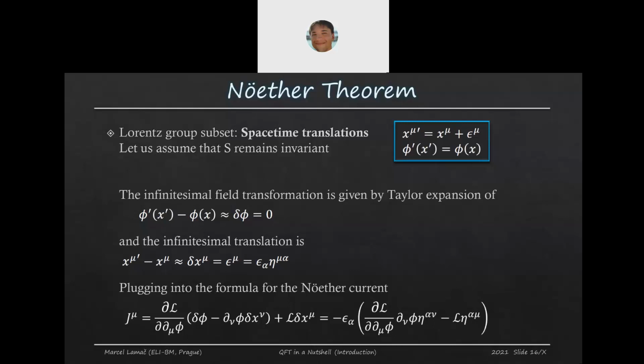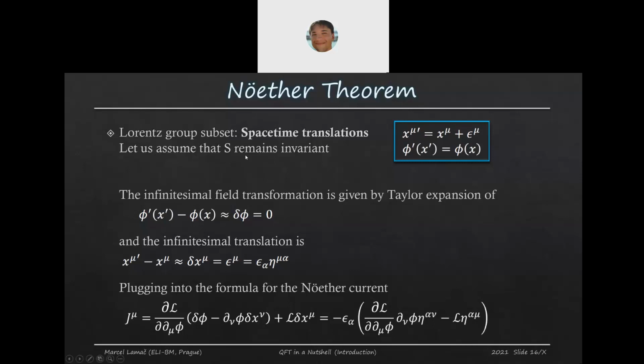A scalar field once again doesn't transform at all when we apply a transformation to it. So in terms of the field, nothing changes. In terms of the coordinates, they are shifted by some constant four-vector. They can be shifted in space, and they can be shifted in time. So these are the space-time translations.